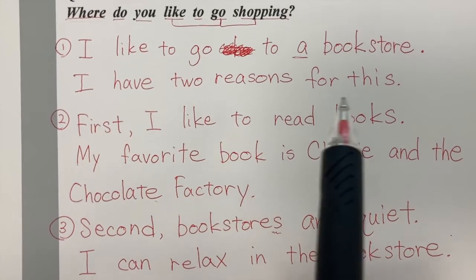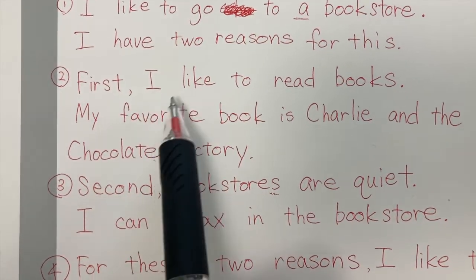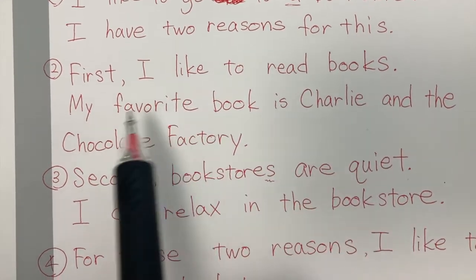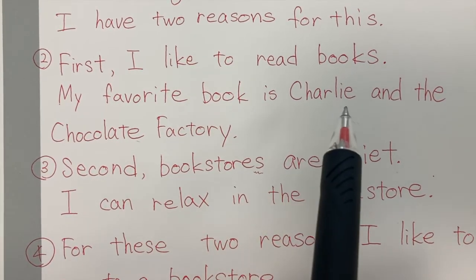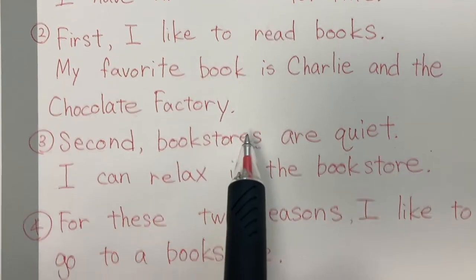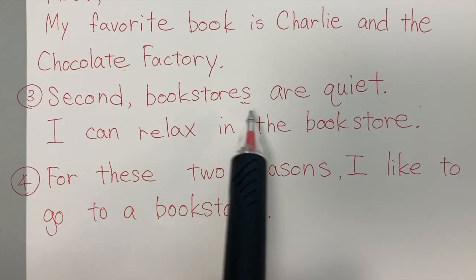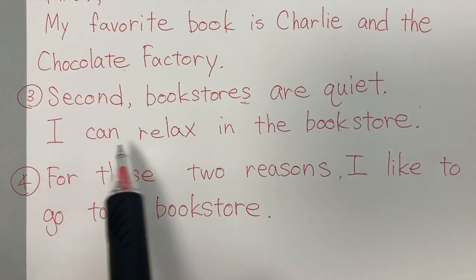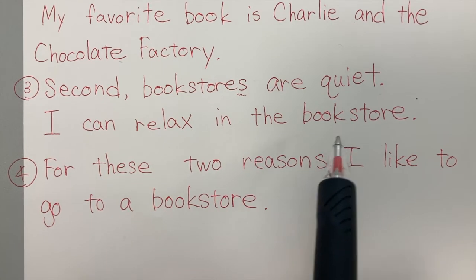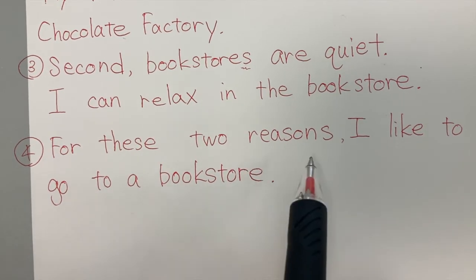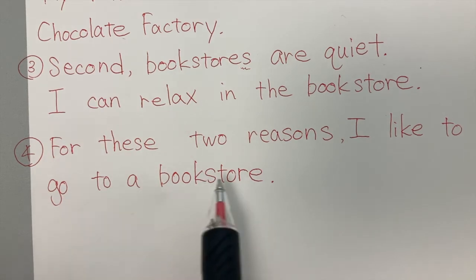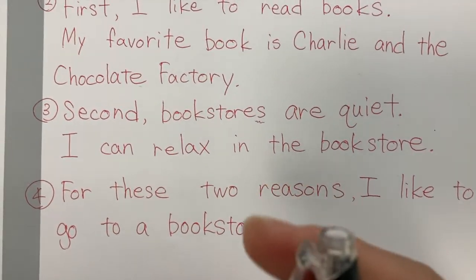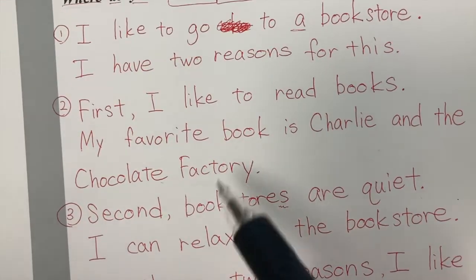I have two reasons for this. First, I like to read books. My favorite book is Charlie and the Chocolate Factory. Second, bookstores are quiet. I can relax in the bookstore. For these two reasons, I like to go to a bookstore. This is my answer.